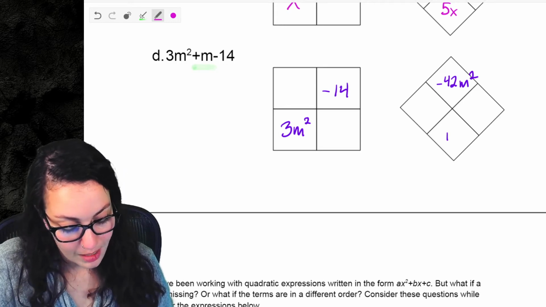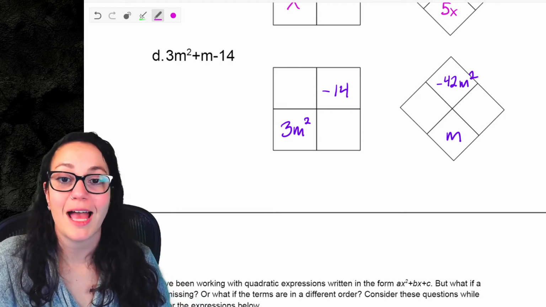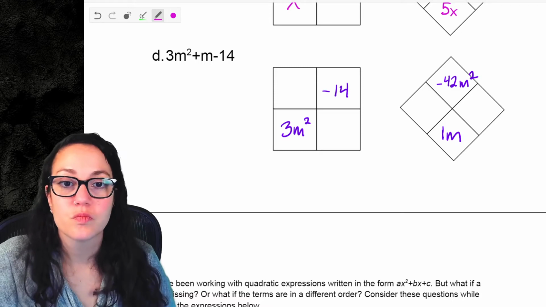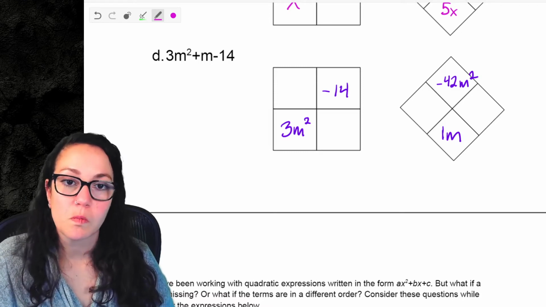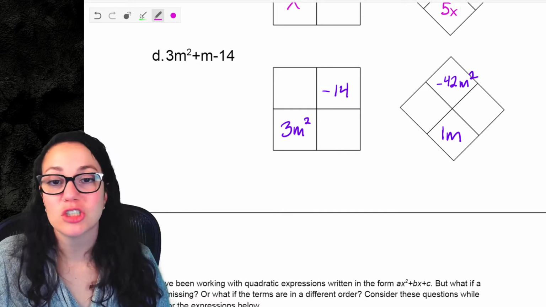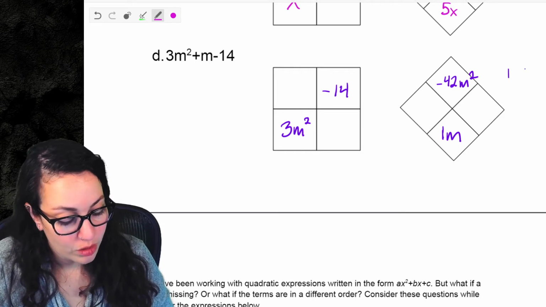If it helps you to remember that you're looking for it to add to 1, you can also write 1m. Cool. So now we'll think about our factors of 42. And again, I'm going to just start with 1 and 42 just to be thorough. So I've got 1 and 42.